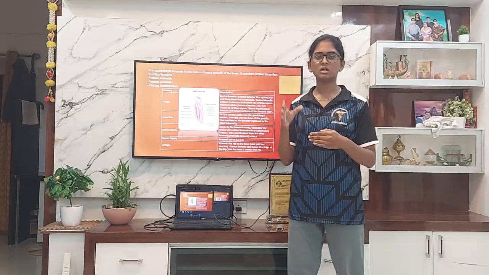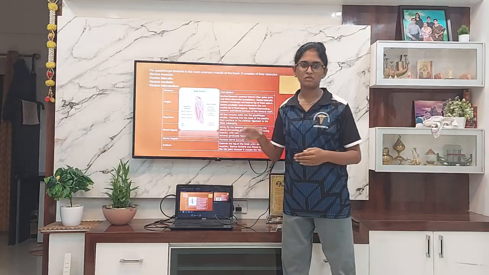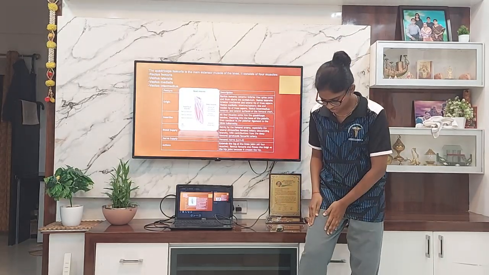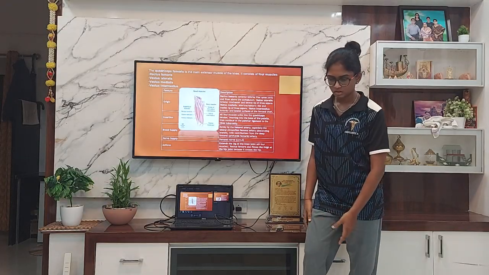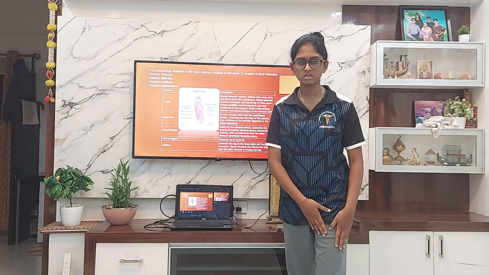Then after insertion there is blood supply. The blood supply of the quadriceps femoris. No, these are hamstrings. Quadriceps femoris is inside the hamstring muscles.